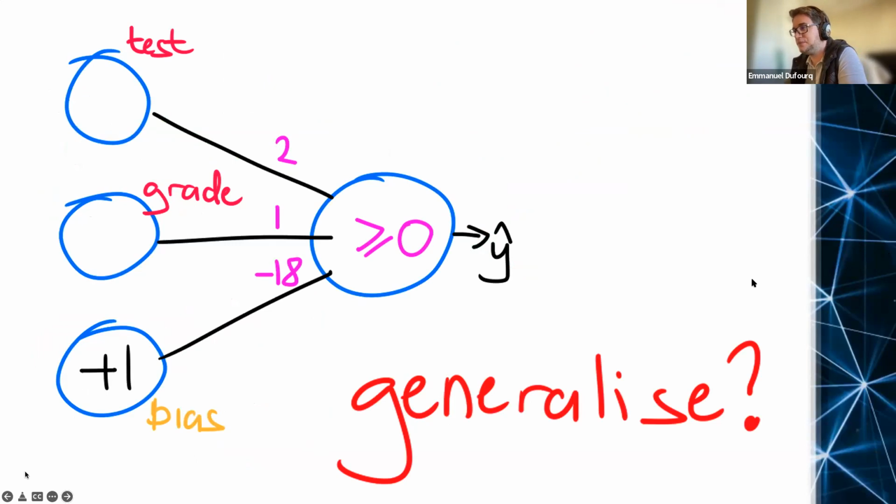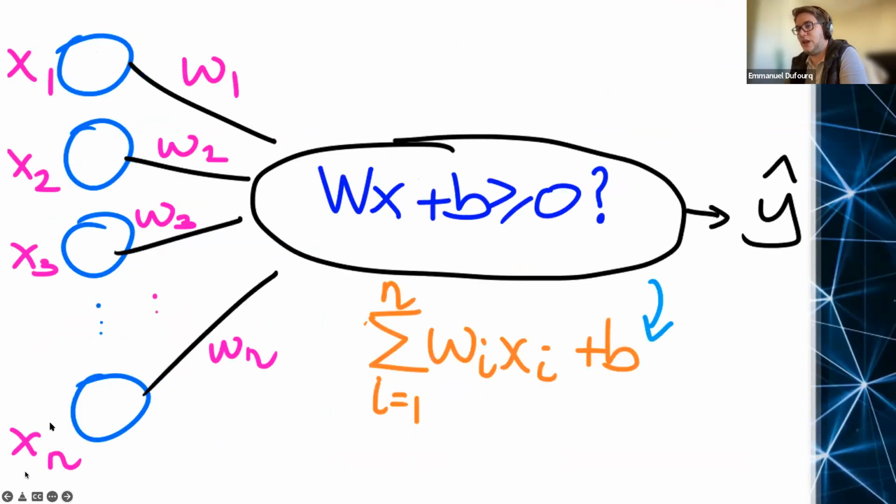So yes, we can. What if we had n inputs, x1, x2, x3, all the way up to xn? Then remember, each input has a corresponding weight. So x1 will have a corresponding weight w1, x2 will have a corresponding weight w2, x3 will have a corresponding weight w3, so on and so forth. And xn, which is our last input, will also have a corresponding weight wn.